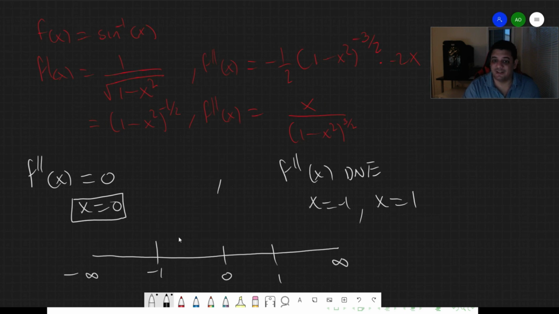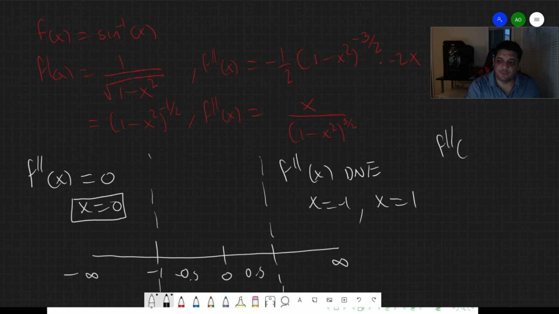We're not going to take points where the derivative does not exist, since those are taken out by the domain. So we don't really need to consider what's going on out here. We can just use this part and this part to check the sign. So we can just check with minus 0.5 and 0.5 to see what the situation is.